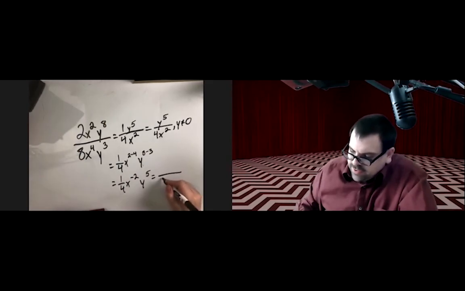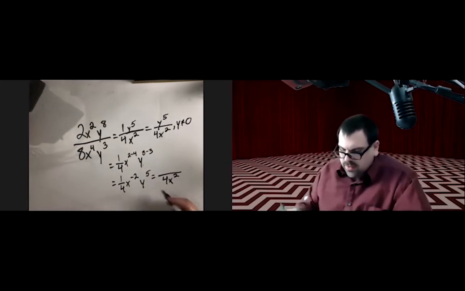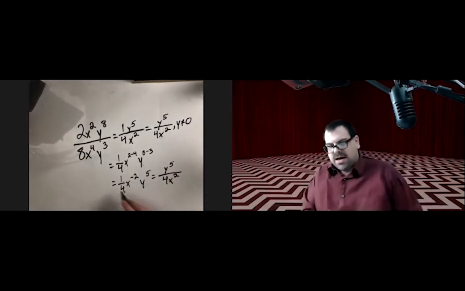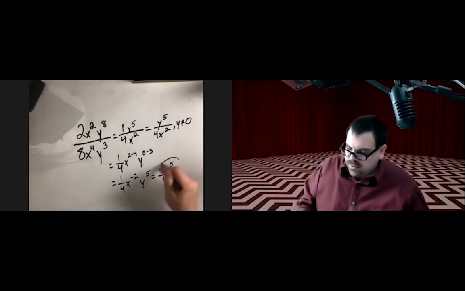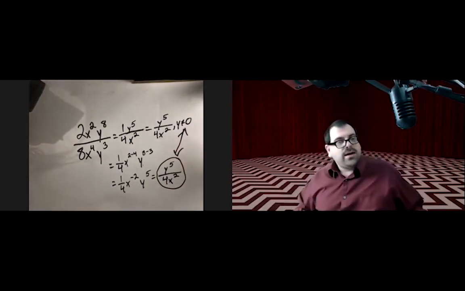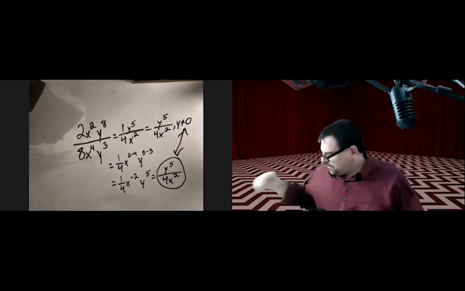Negative exponents go on the bottom, so x goes to the bottom with the 4, and the y to the 5th will come up top. It's times the 1. And again, you can say y cannot be 0 there.